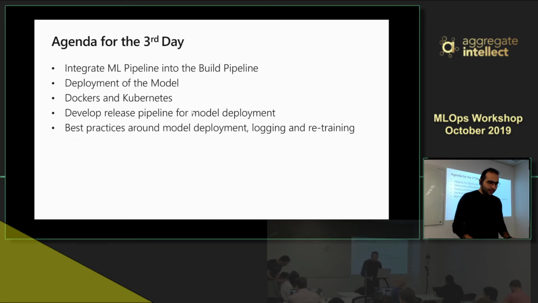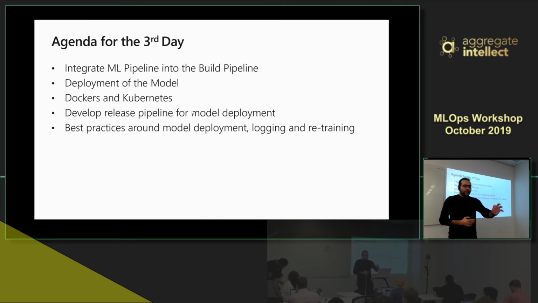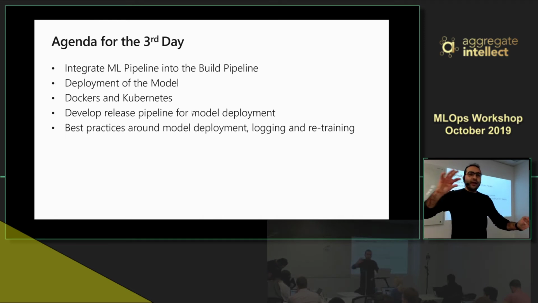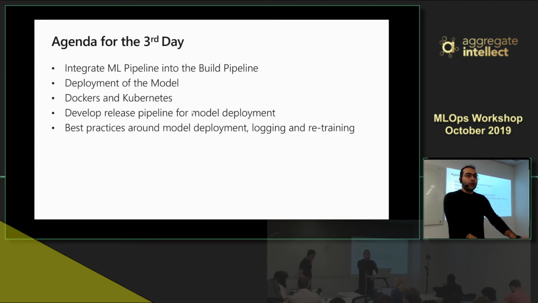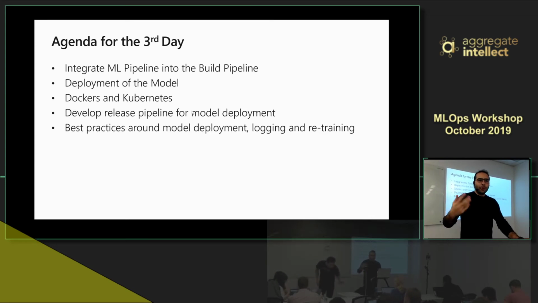Awesome. No problem. So today we're going to focus first on how we can integrate the ML pipeline that we built in the last session into the build pipeline. Then we're going to discuss deployment of the model. There are so many concepts we're going to go through, like Dockers, Kubernetes, the best practices around them, and different considerations you need to think about for deployments.